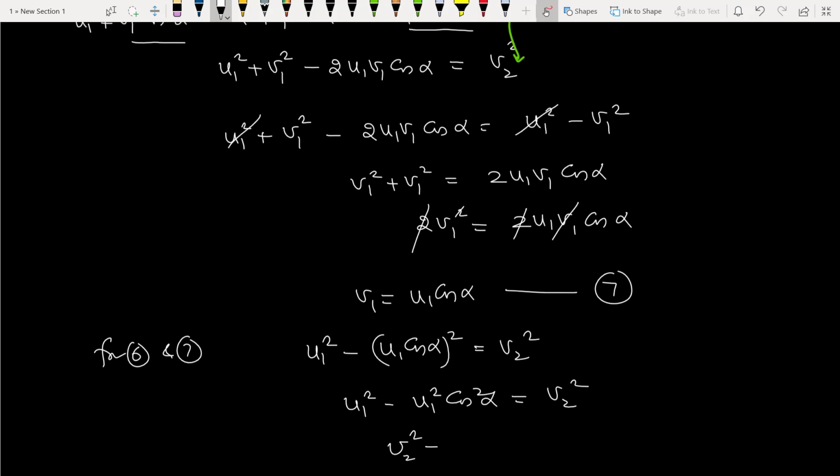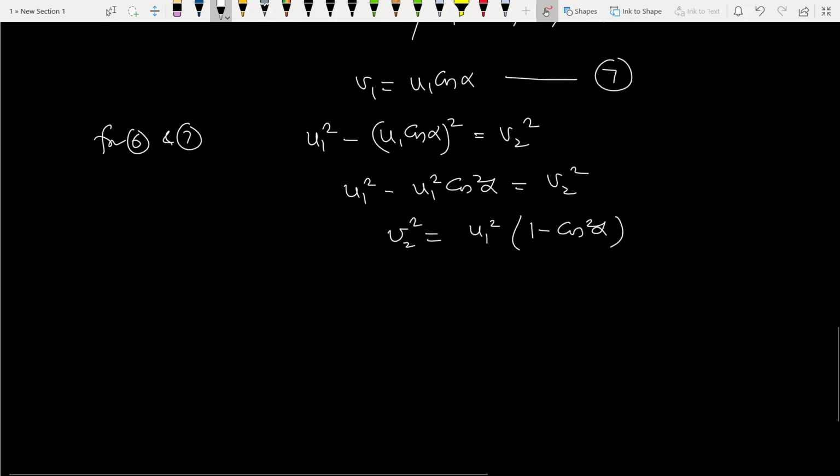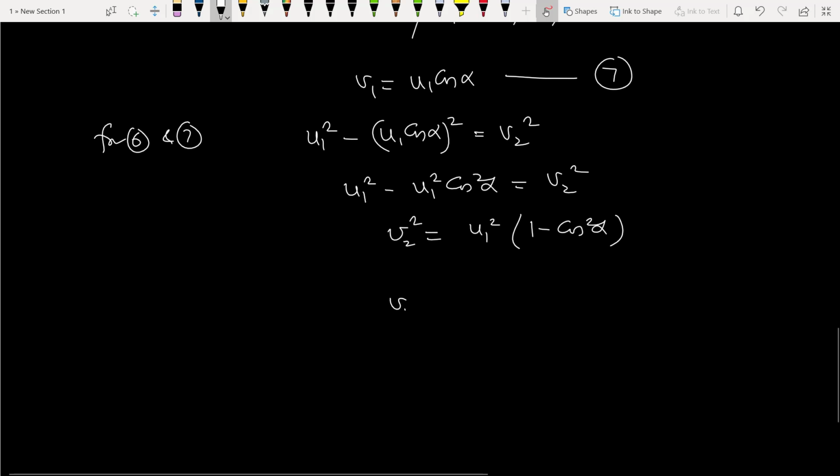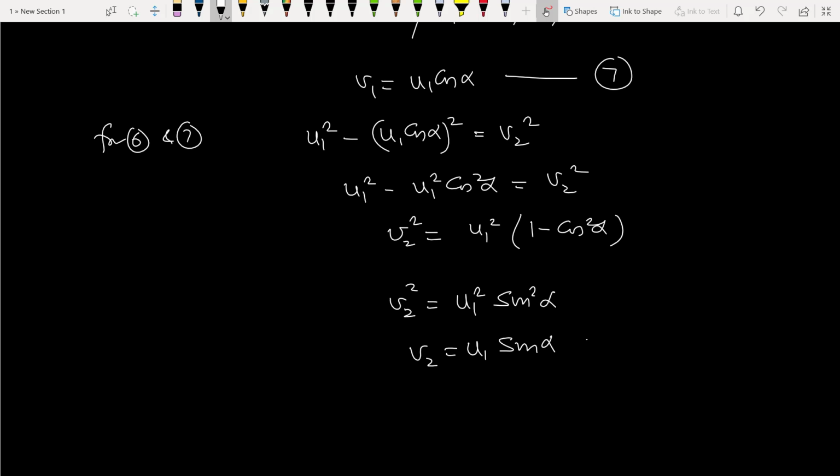So v2 square is equal to u1 square times 1 minus cos square alpha. 1 minus cos square alpha is sin square alpha. So v2 equals u1 sin alpha. So this is equation number 8.